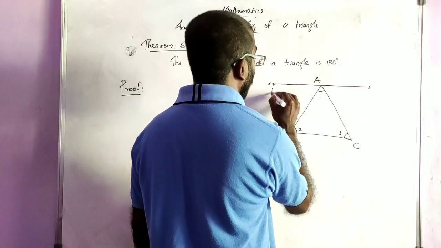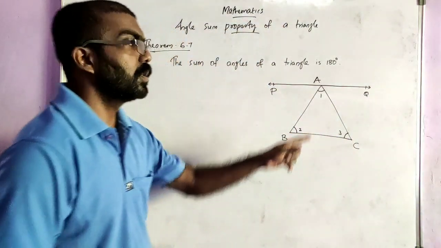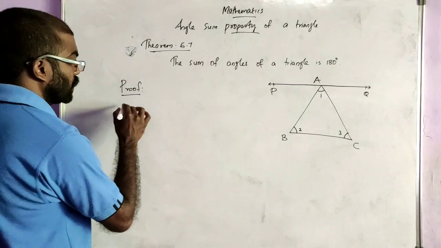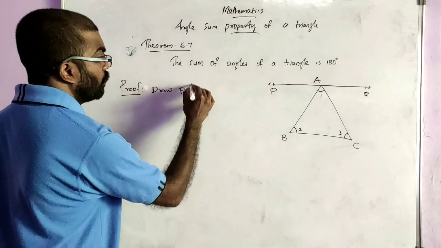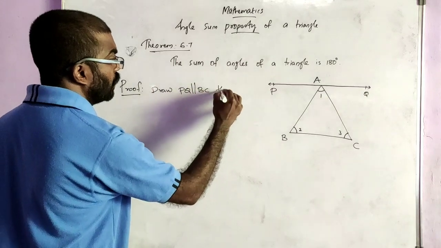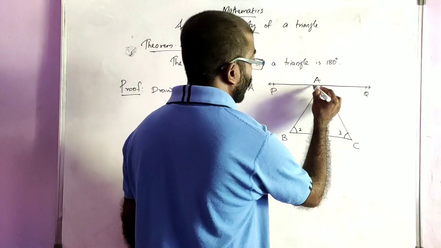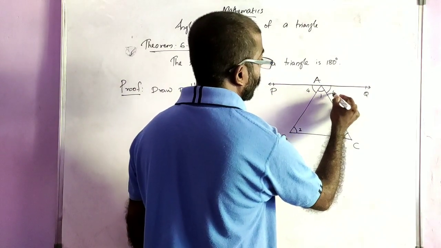So we can say, draw PQ parallel to BC through the point A. Okay, then write it as the construction: draw PQ parallel to BC through A. And here we can mark the angles as angle 4 and angle 5.